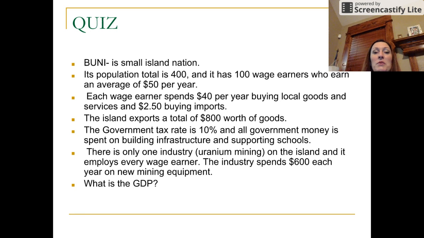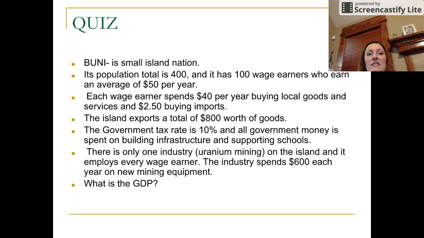The island exports a total of $800 worth of goods. The government tax rate is 10%, and all government money is spent on building infrastructure and supporting schools. There is only one industry, uranium mining, on the island, and it employs every wage earner. The industry spends $600 each year on new mining equipment. What is the GDP?